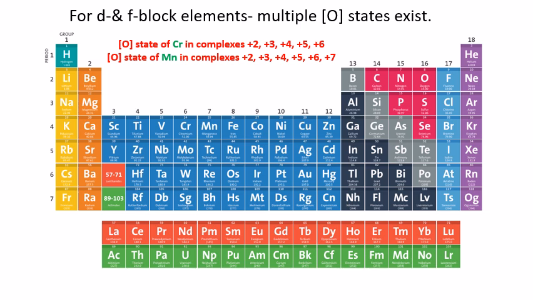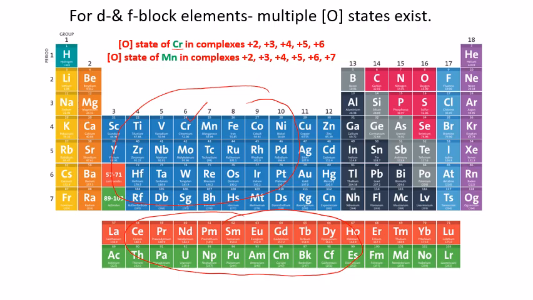The same way we can calculate the oxidation state of elements which are present in D block as well as in F block. As we all are aware, D block and F block elements can exist in multiple oxidation states. For example, chromium, which is a 3D element, can exist in oxidation states ranging from +2 to +6 in complexes.